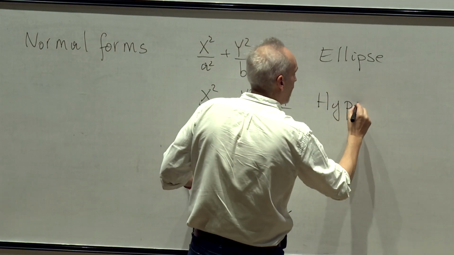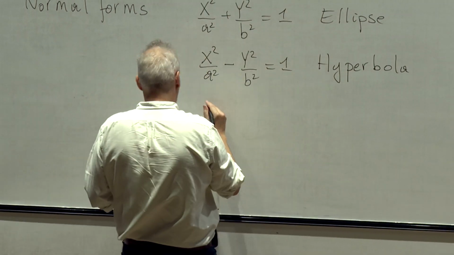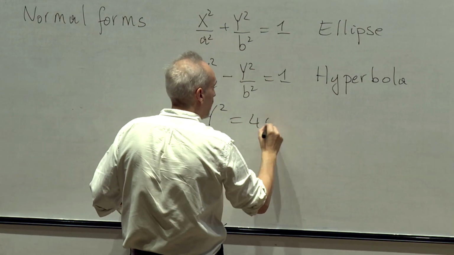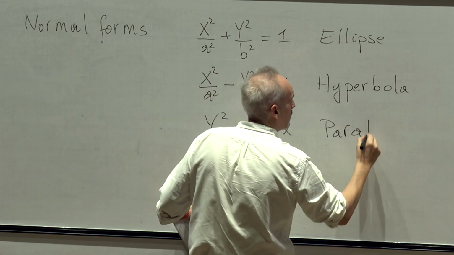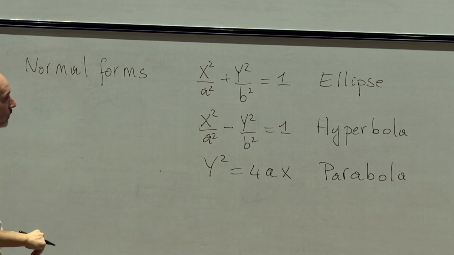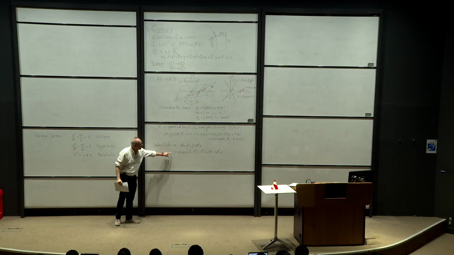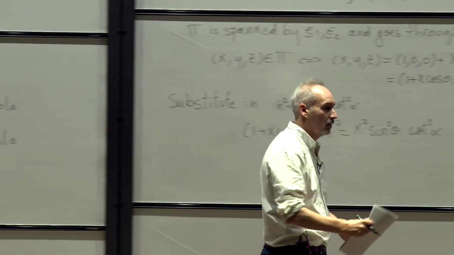And that would make a hyperbola. Or y squared equals 4ax. And that's the limit case of parabolas. So I want to change this equation to make it look like one of these, depending on the value of theta, right?